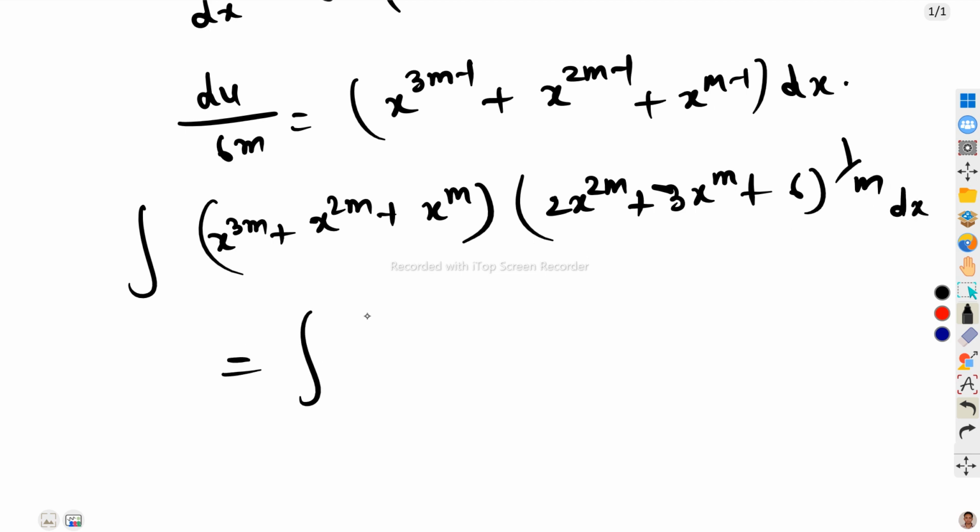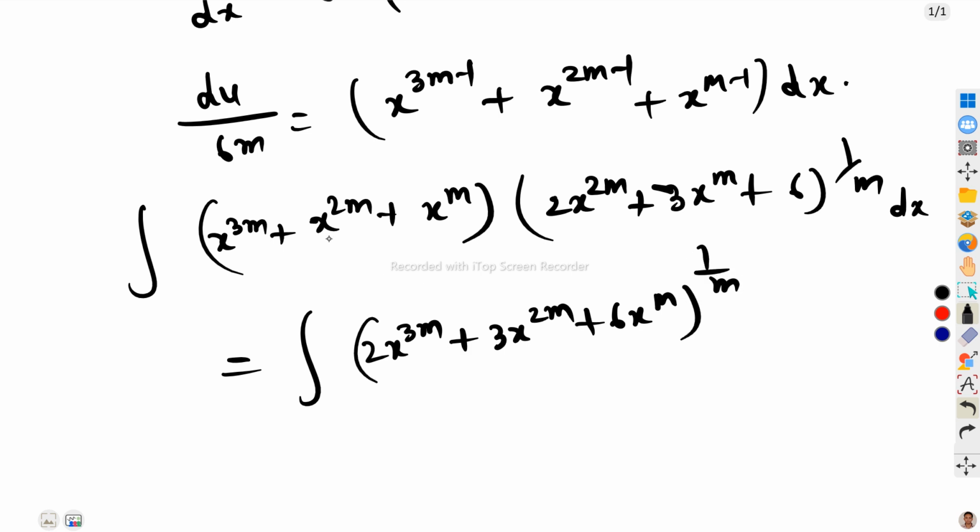We have solved this as (2x^(3m) + 3x^(2m) + 6x^m) raised to power 1/m, times (x^(3m-1) + x^(2m-1) + x^(m-1)).